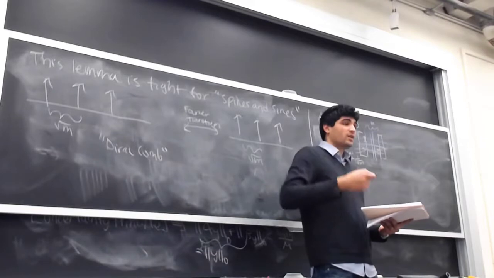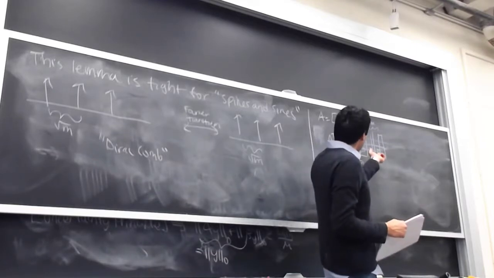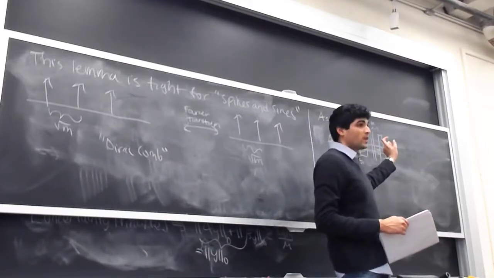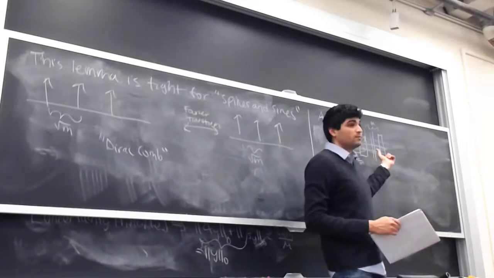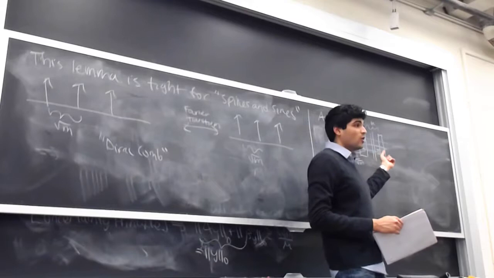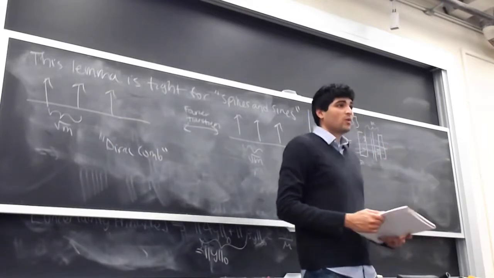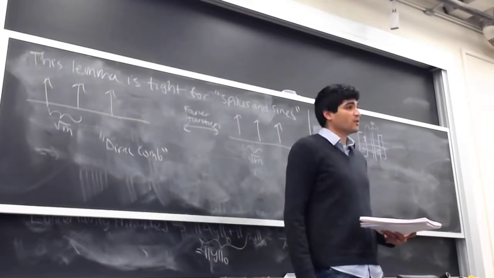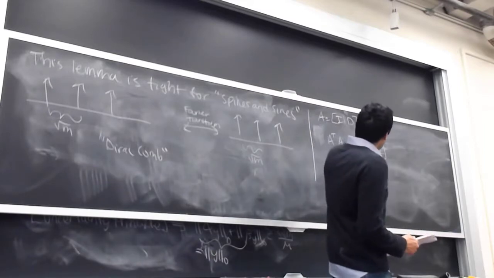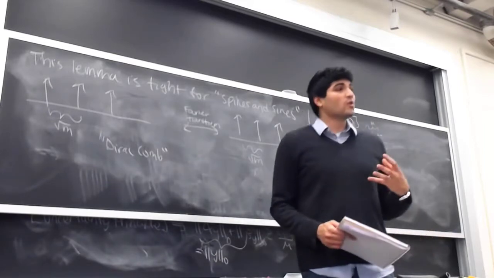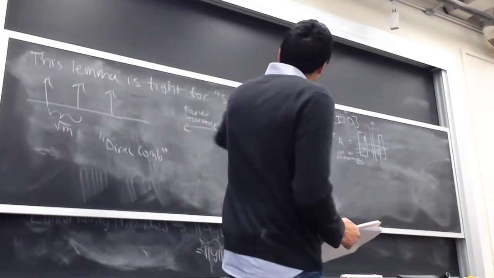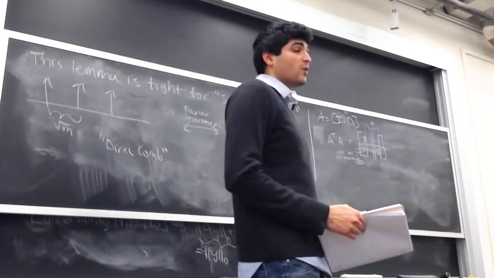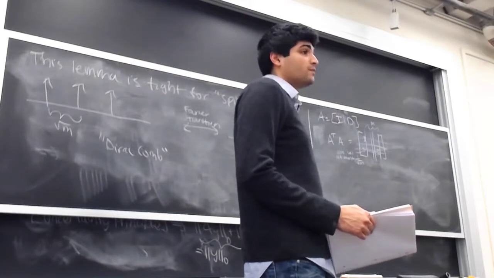So any submatrix smaller than √m by √m is invertible and has no kernel, which would be an immediate consequence of Gershgorin's theorem. But I claim that if you thought there was going to be a 2-norm version of Gershgorin's theorem, then the fact that spikes and signs is tight for this uncertainty principle tells you that there isn't.